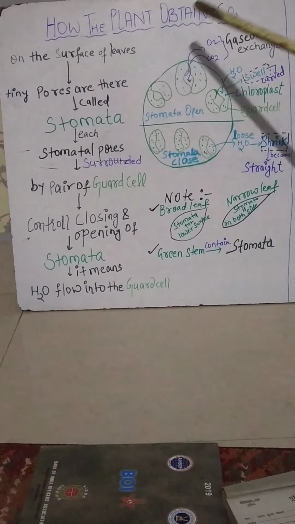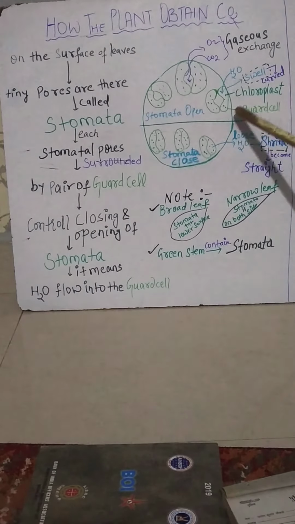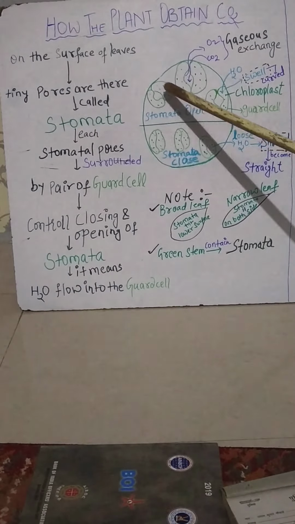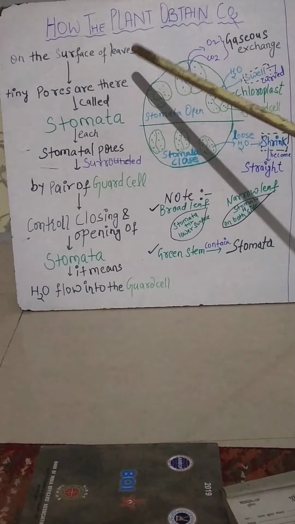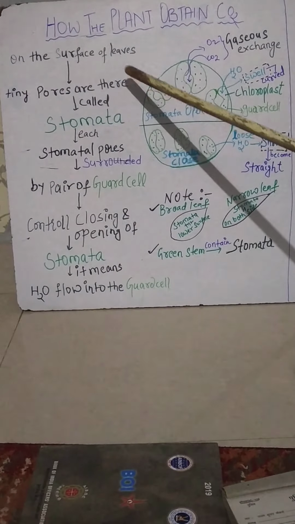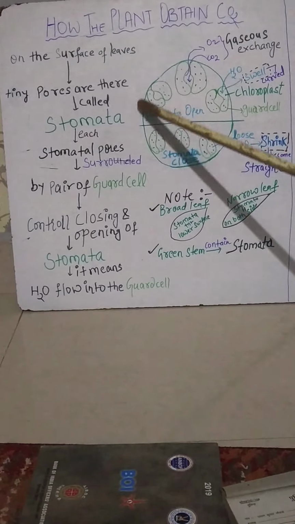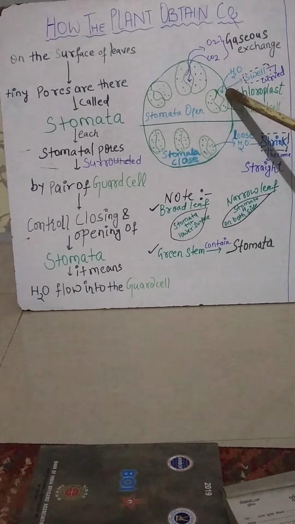Okay. So this is the structure of the leaf. On the surface of the leaf, these two are called guard cells, and this whole is called stomata. Now let's begin. On the surface of the leaf, tiny pores are there, and these tiny pores are called stomata.